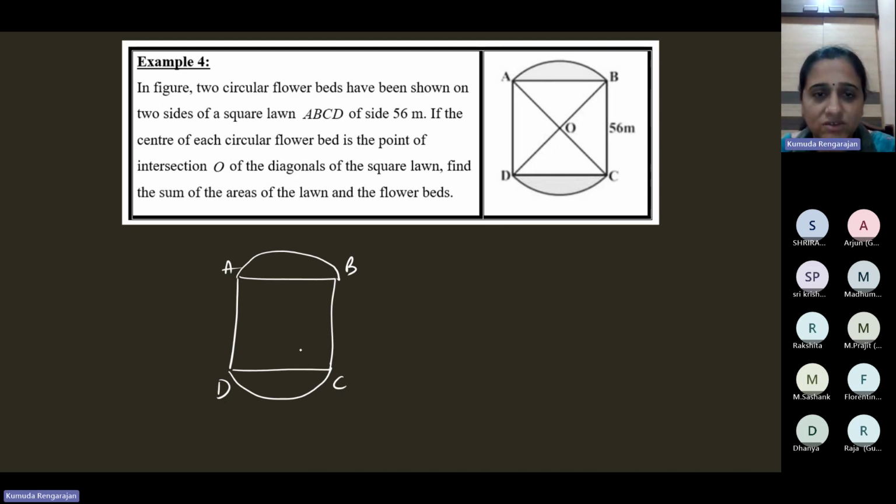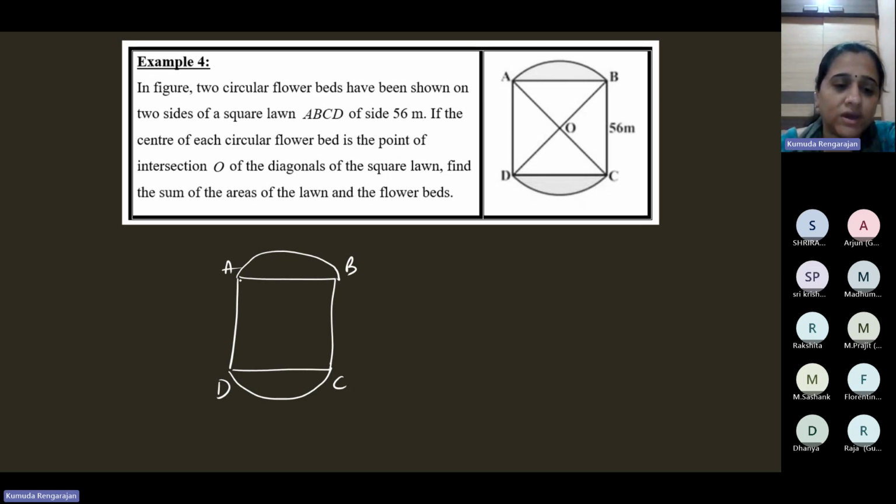So ABCD is the square of side 56 meters. On the sides AB and CD, we see two circular flower beds. If the center of each circular flower bed is the point of intersection O of the diagonals of the square lawn.